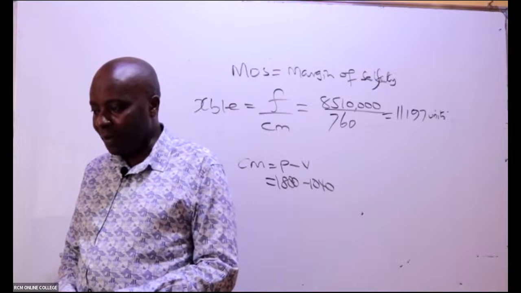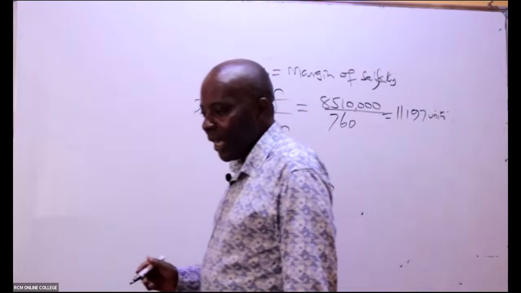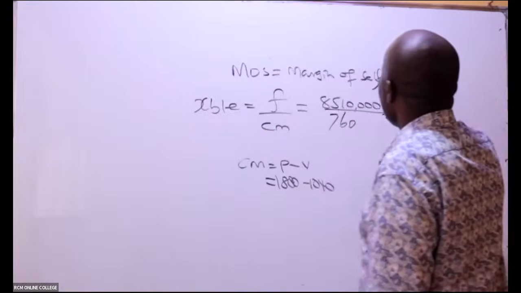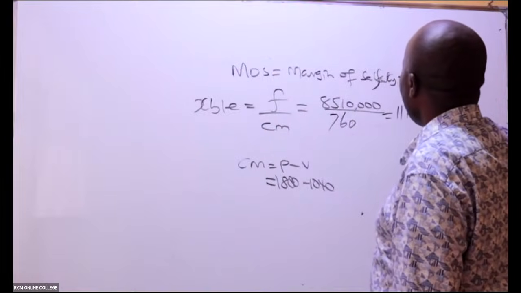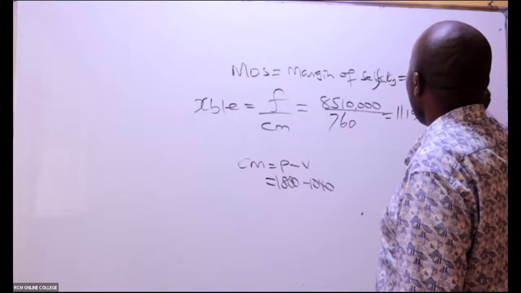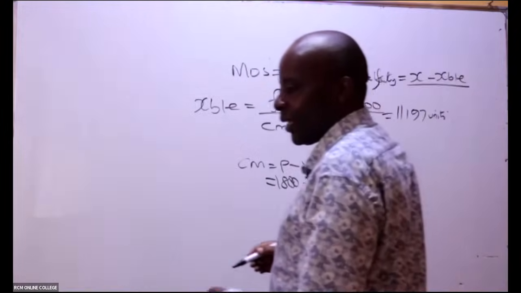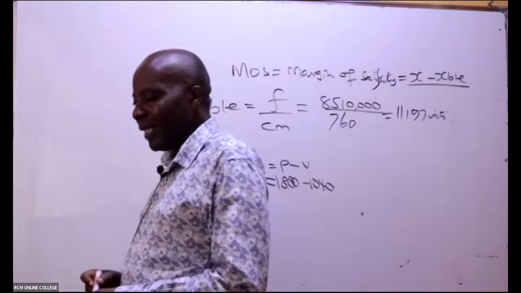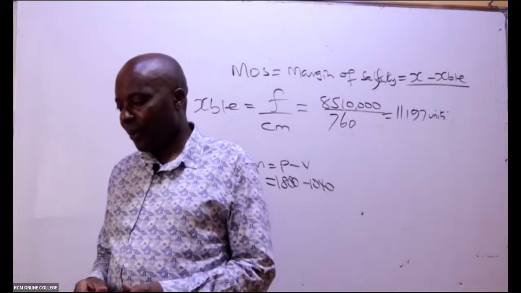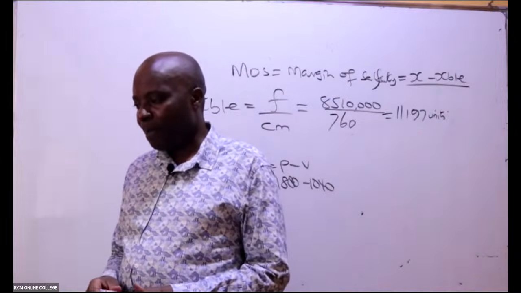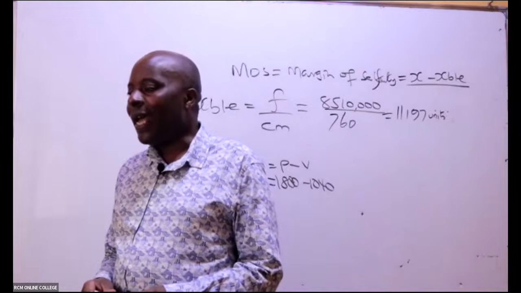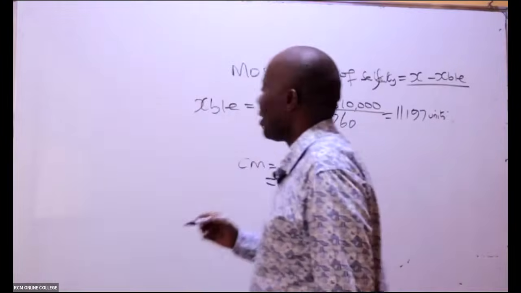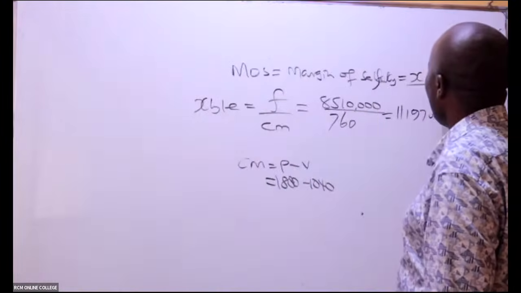X minus XBE. I like that. But they want it in form of percentage, eh? So it will be X minus XBE over what? Over expected sales, which is X.